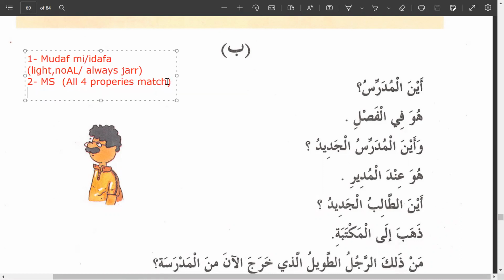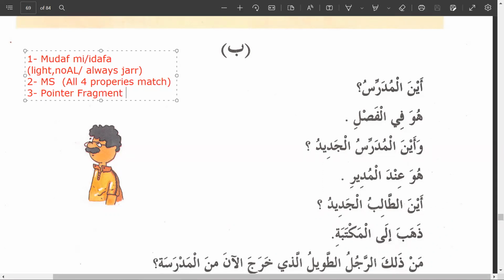Another fragment that you learned: we also learned the pointer fragment. Excellent. What is the pointer fragment?